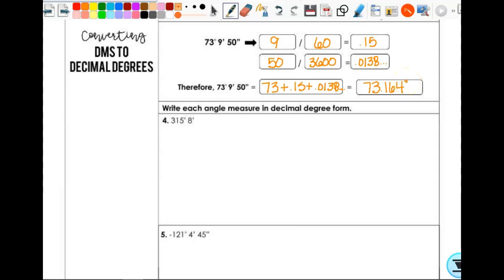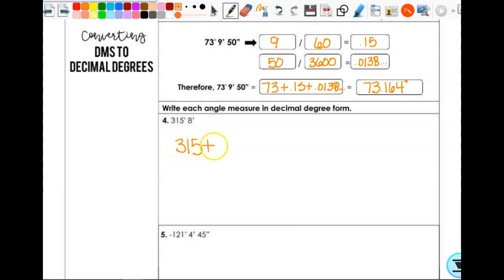I'm actually going to show you a different way where you don't have to get all those intermediate numbers. Not a different way, it's the same thing, but you're not going to actually get the decimal out over there, okay? So we're going to write each angle measure in decimal degree form. So I have this 315 degrees.